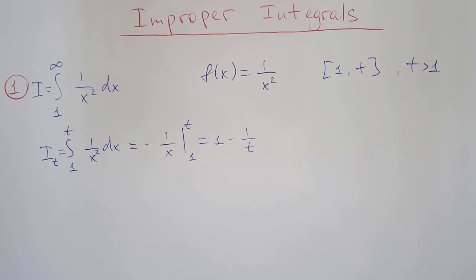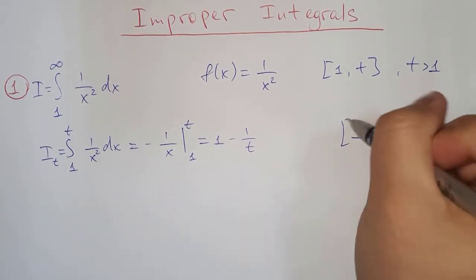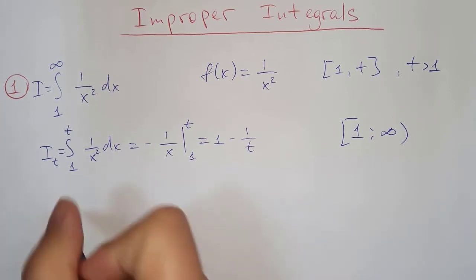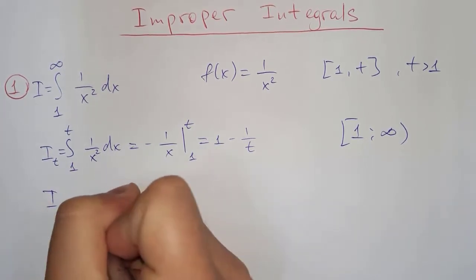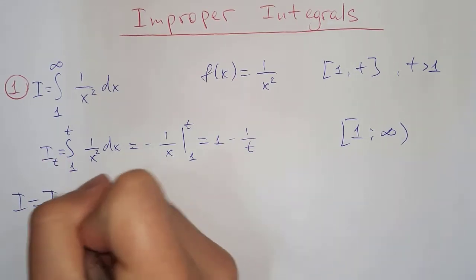Now we can get the solution on the interval 1 and infinity. So we need to take the limit of it.